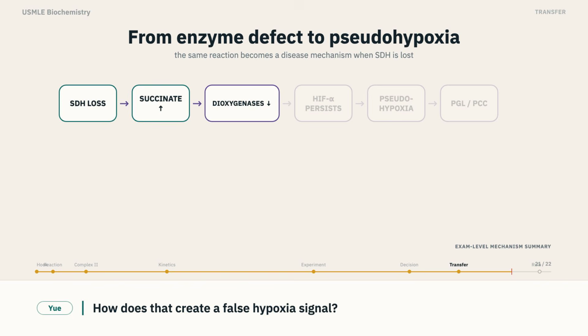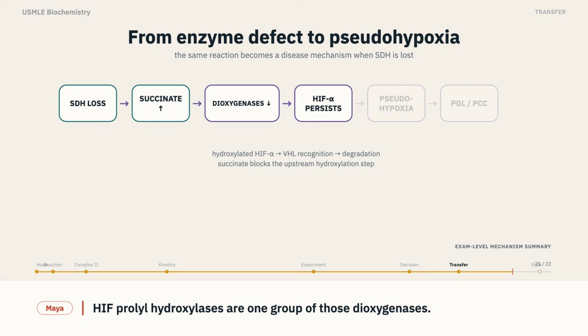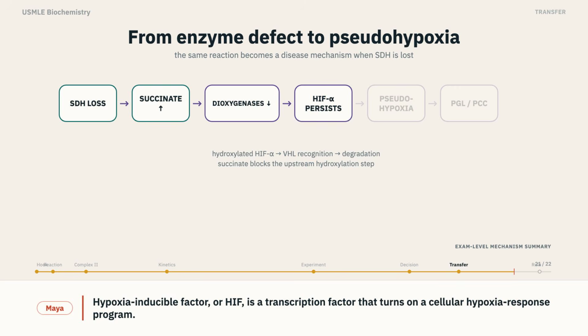How does that create a false hypoxia signal? HIF prolyl hydroxylases are one group of those dioxygenases. Hypoxia-inducible factor, or HIF, is a transcription factor that turns on a cellular hypoxia response program.